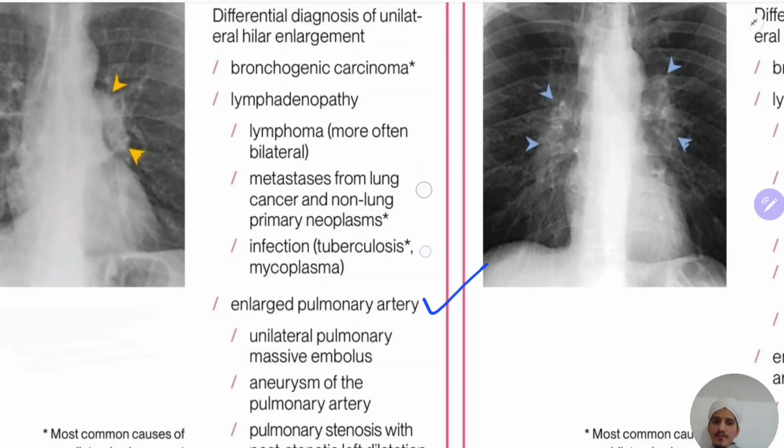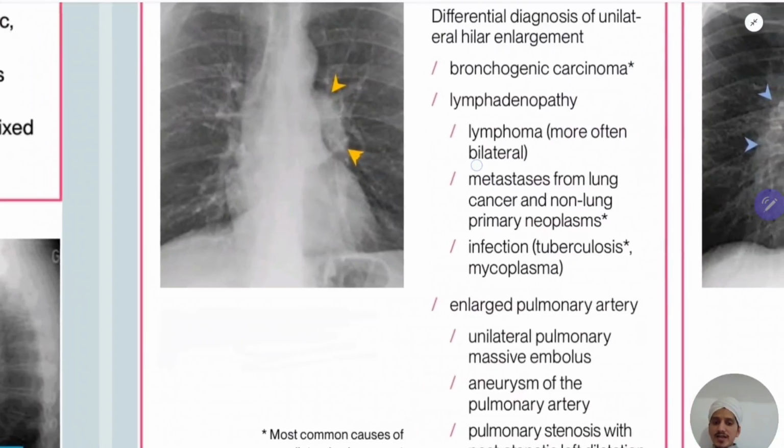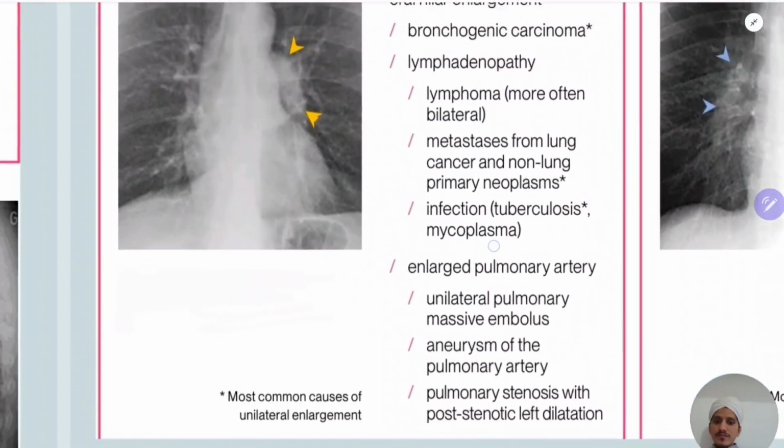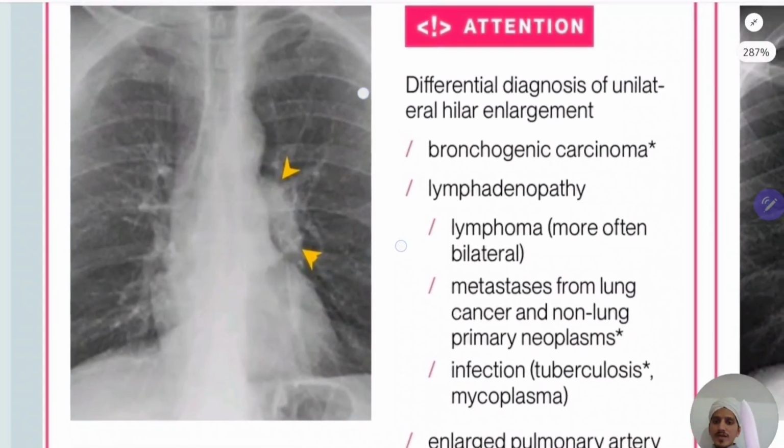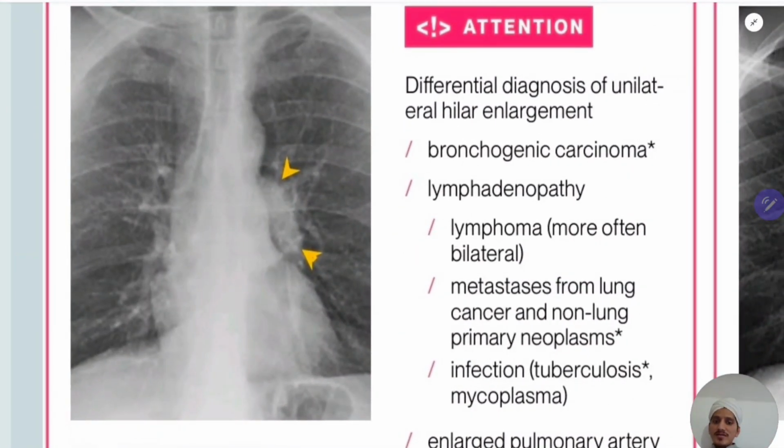So let us see here. You are able to see this is not actually a mass. To differentiate from a mass, I said a mass will have a smooth round contour. But here you will not see a smooth round contour.